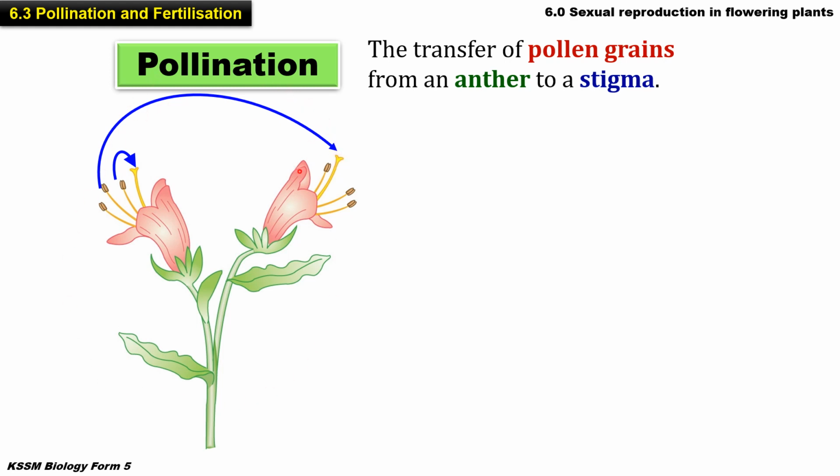So, if the situation involves one plant, it means this pollination is self-pollination.